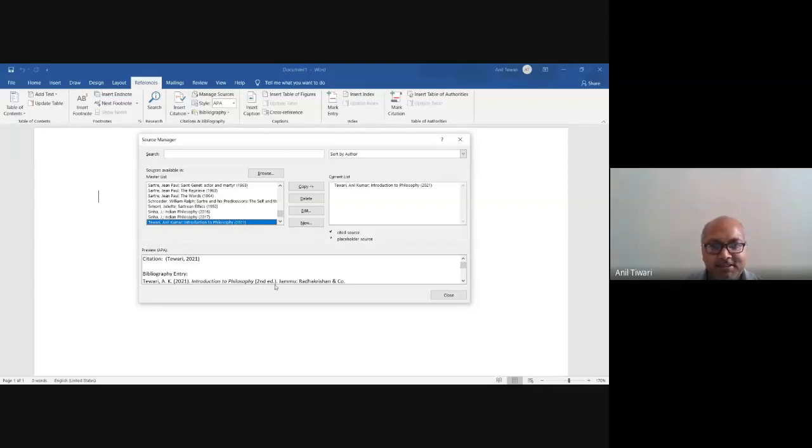So it is showing here second edition, then dot, and then place of publication, then semicolon, and then the name of the publisher, right? So this way it will appear. So you can enter any kind of thing, and this will remain in your machine, which you are using for your repository, and you can just use it anytime.